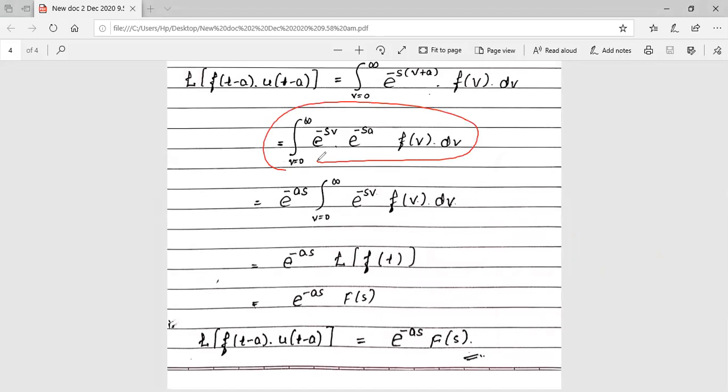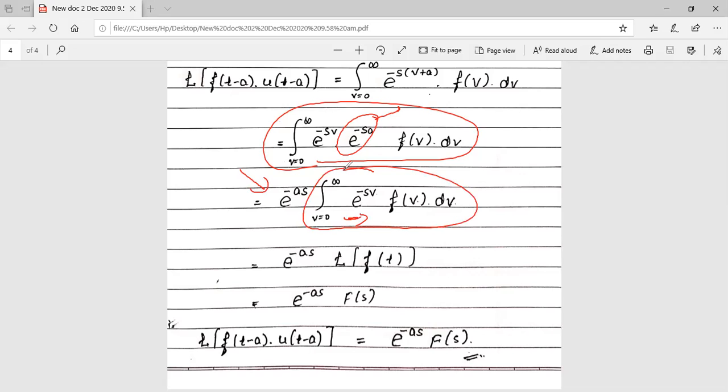Now here we have e to the power minus as a function of a. This becomes a constant, so that's why we take it outside, and the remaining is integration over v from 0 to infinity of e to the power minus sv f of v dv. See here carefully.